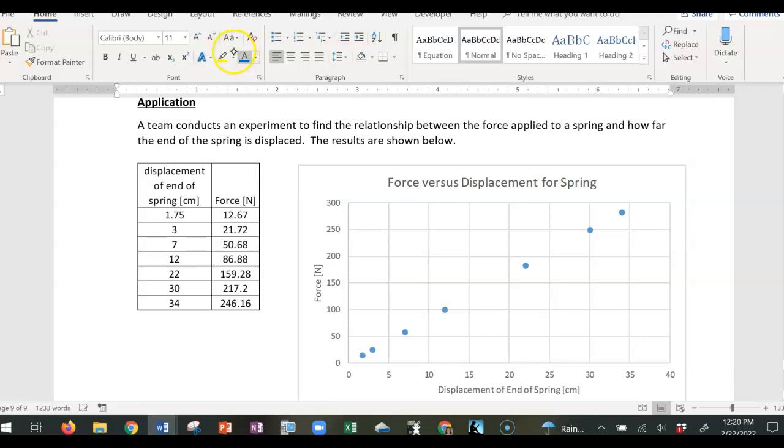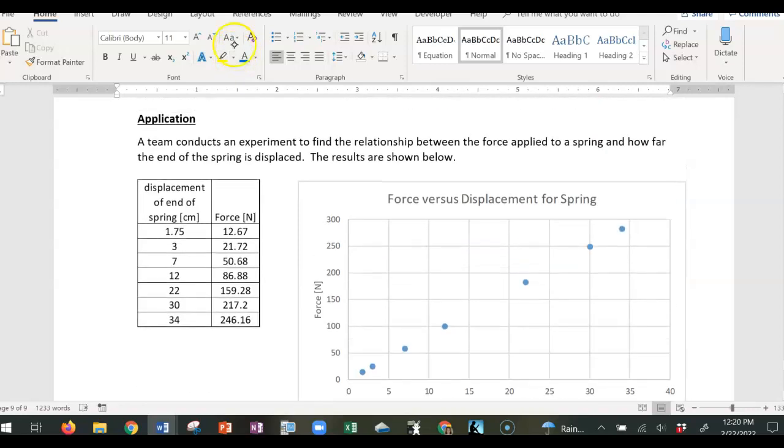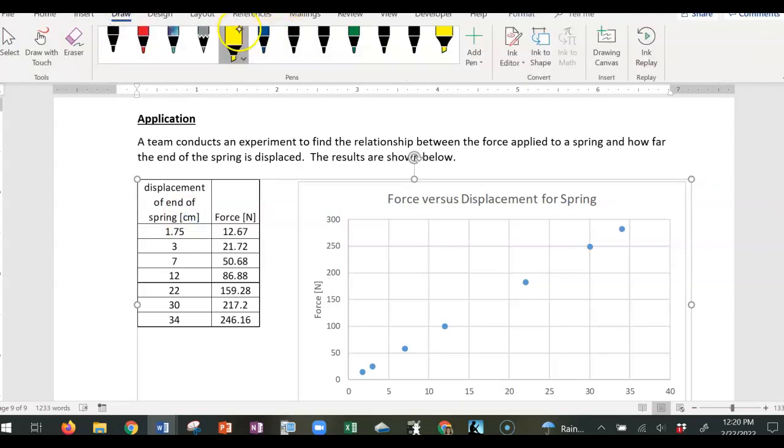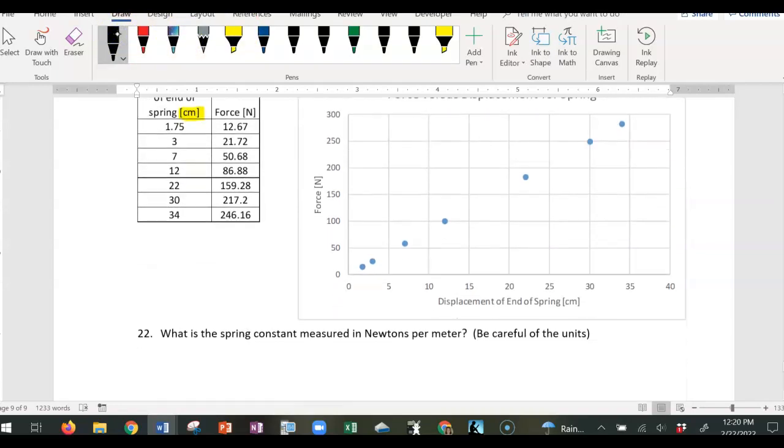So the first thing you're going to do is to find the spring constant. It gives you this new set of data. Remember, the spring constant is the slope, but remember that this data is given to you in newtons per centimeter.